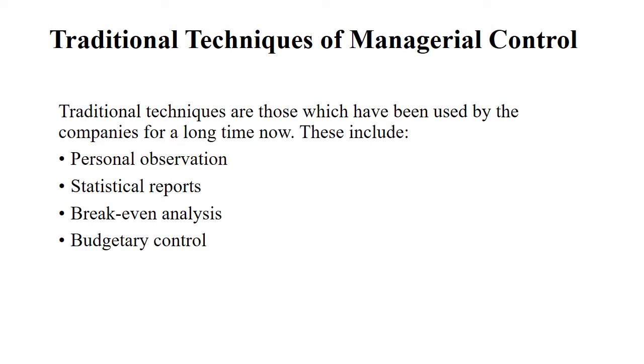Personal observation means directly observing the employee's performance. This is first-hand information, showing whether they are working in a definite manner. Statistical reports means reports in the form of graphs and statistics.